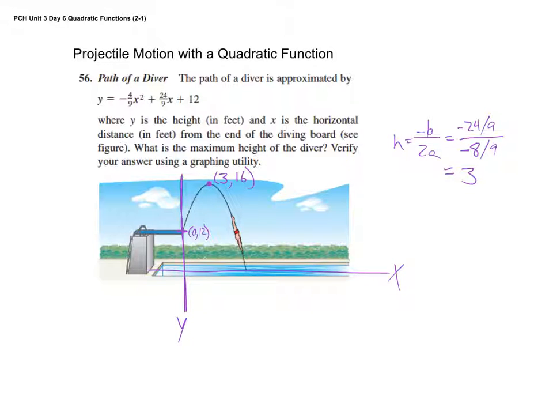You plug in 3, 9 cancels with the 9, so that's a negative 4. 3 cancels with 9, leaves 3, so 24 over 3 is 8. So negative 4 plus 8 is 4, plus 12 is 16 feet. So the maximum height is 16 feet off the water.